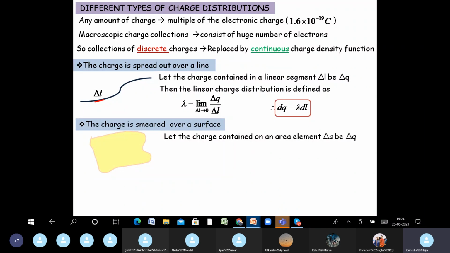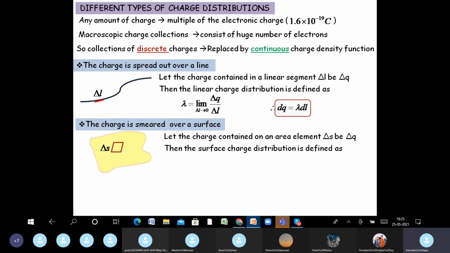And then let us suppose that the charge contained on an area element delta S be delta Q. So since we are considering a surface, we now have to consider an area element, no longer a line. So suppose this is an area element delta S, and the charge on this small area element delta S is delta Q. Okay, so again, since I am writing delta S and delta Q, you can understand that I am talking about infinitesimal amounts, very small amounts, close to 0.